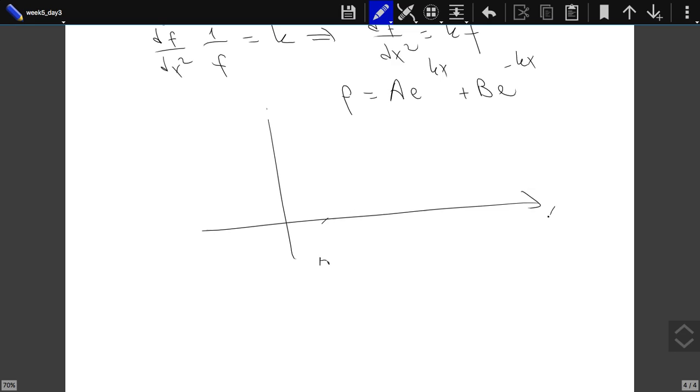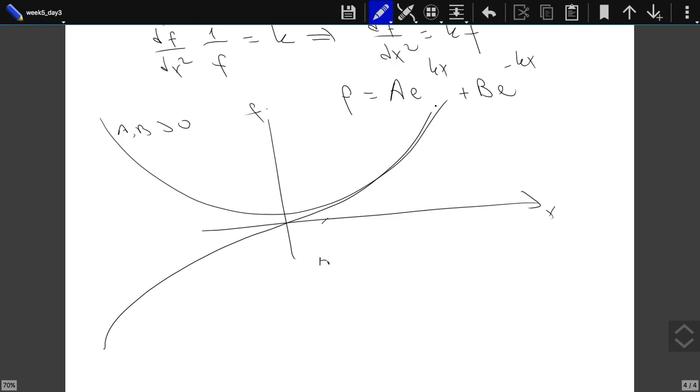So if this is x and this is f, if a and b are both positive, it will look something like this. Let's say if a is negative, then as x goes to minus infinity, it will go to minus infinity. So it will look something like this. This is when a is less than 0 and b is larger than 0.